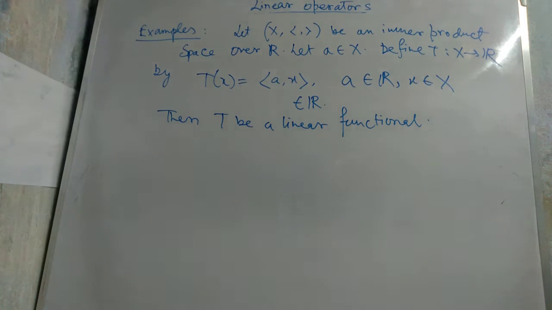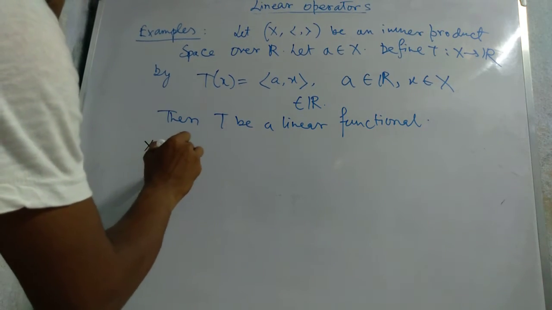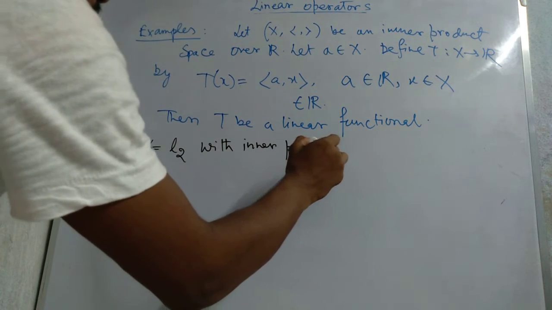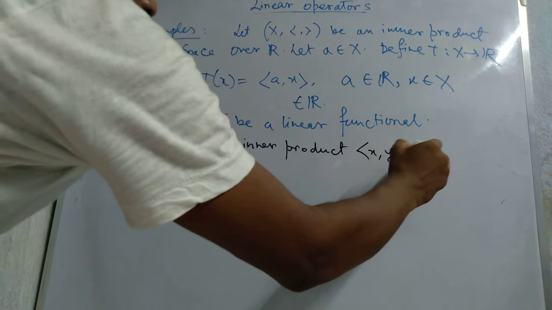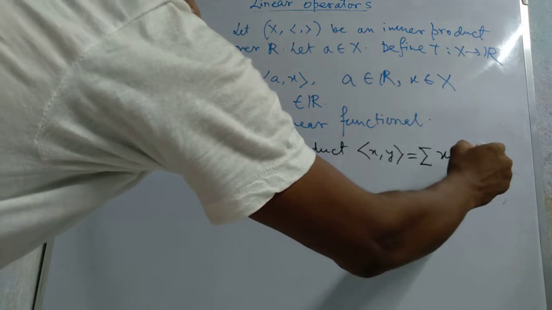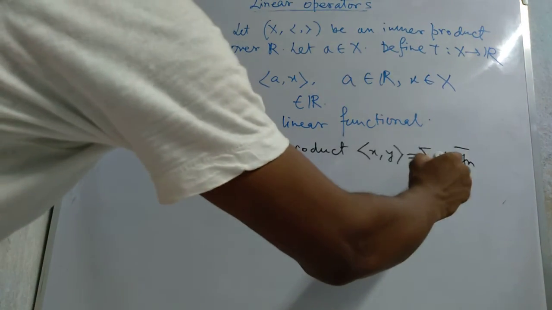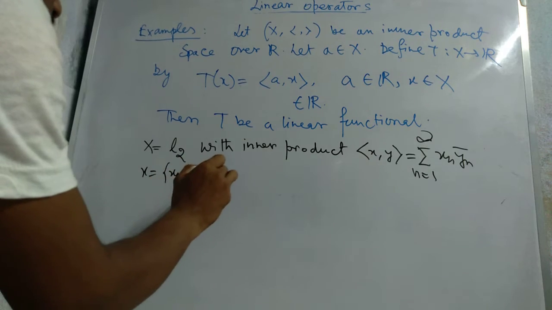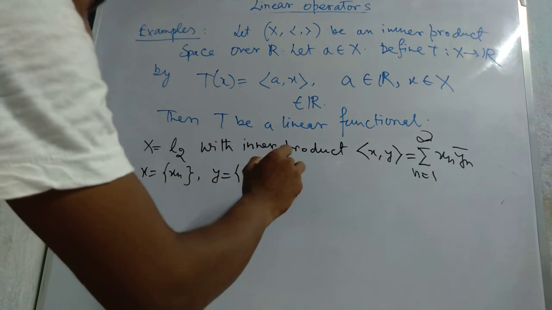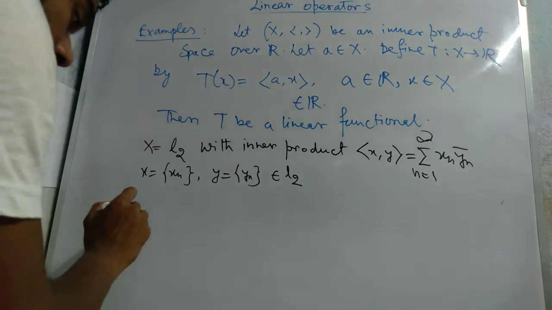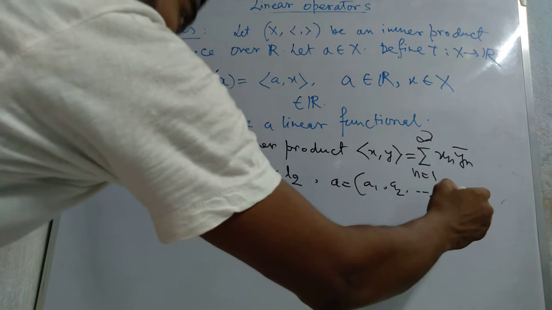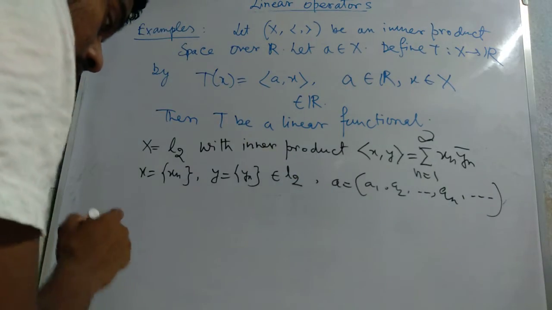Let X equal l2 with inner product of x and y equal to the sum of xn yn bar, n equals 1 to infinity, where x equals (xn) and y equals (yn) belong to l2, and let a equal (a1, a2, dot dot dot, an, dot dot dot) belong to l2.